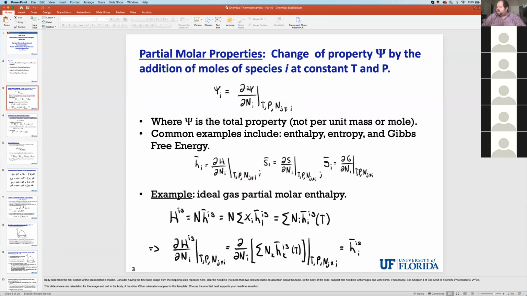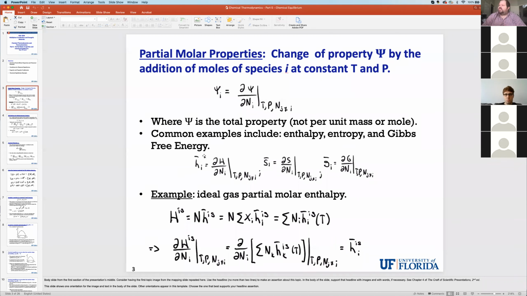If you multiply h times the mass, you get cap H, the total amount of enthalpy, not per unit mass or mole, but just joules. So this basically means you take the derivative of that total property at constant temperature and pressure, with the number of moles of all species other than i held constant.